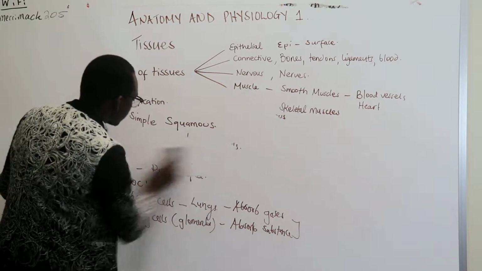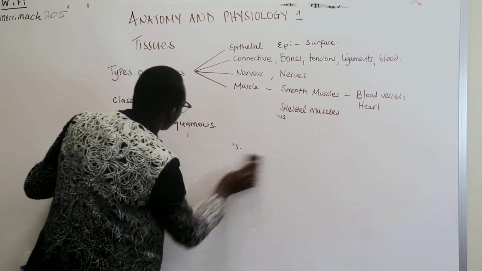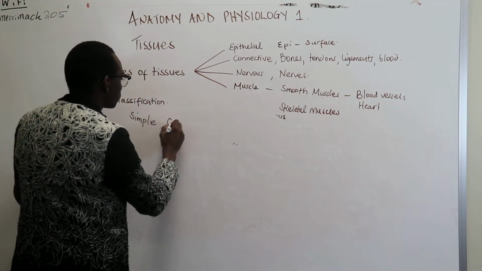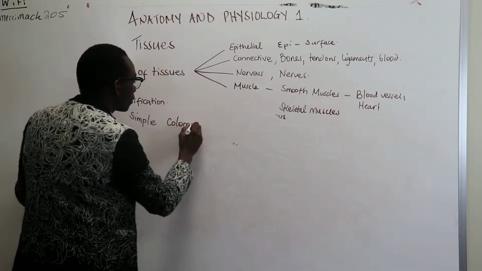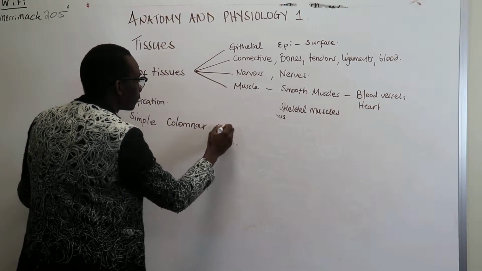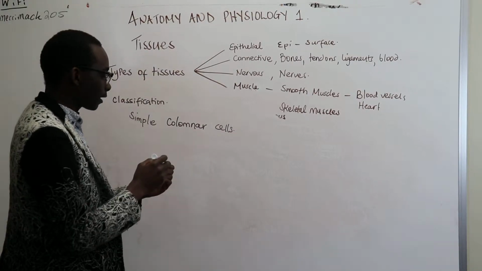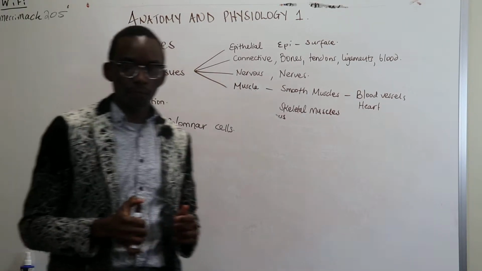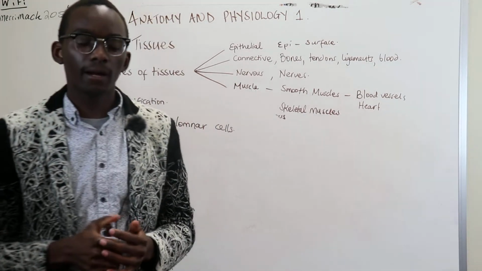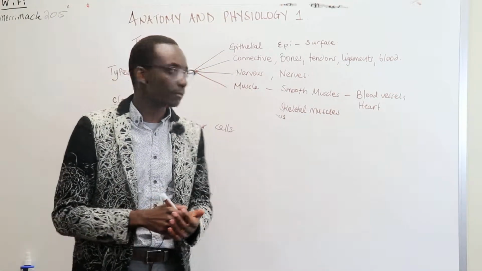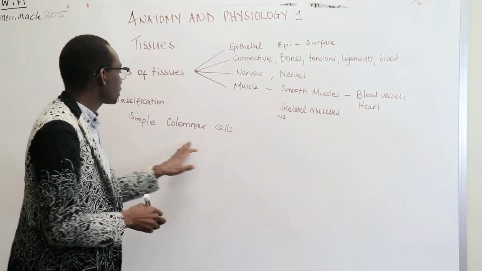Now let us go further and discuss simple columnar cells. These are cells we find in the GIT, that is the gastrointestinal tract.